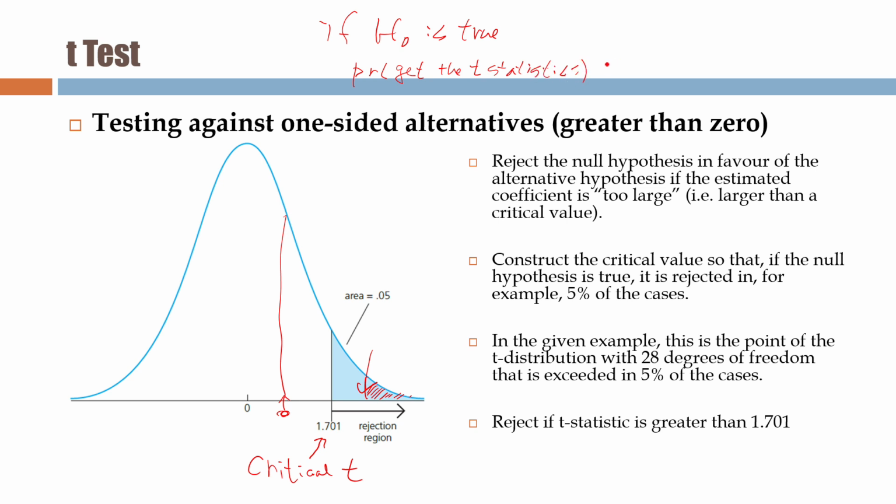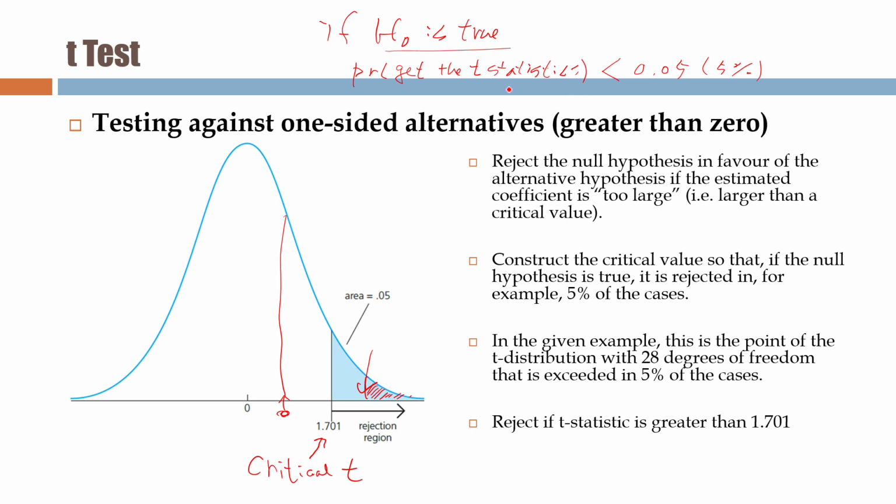Right? If this is smaller than 0.05, which is 5%, then under the 5% confidence level, we can say that if H0 is true, it's almost impossible to get our current t statistic, which means H0 is not true, so we can reject.